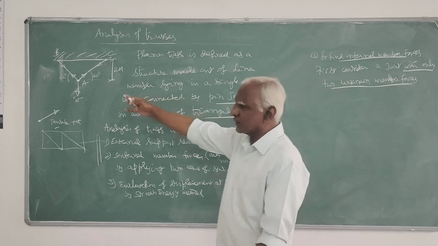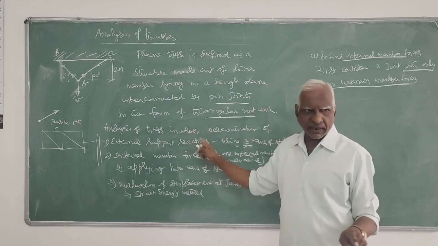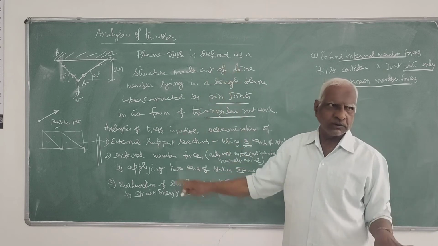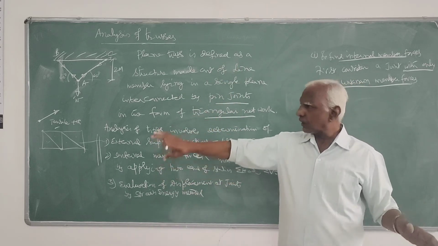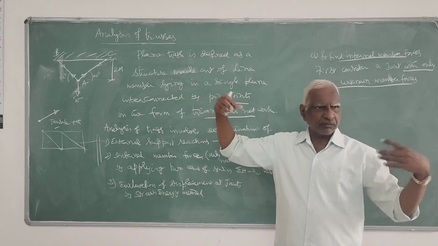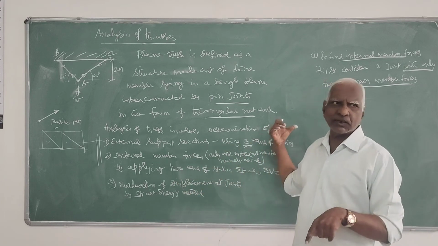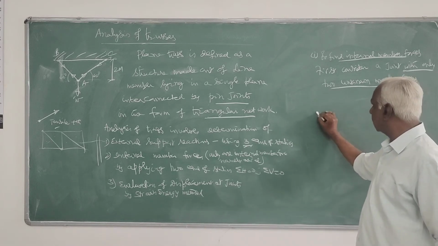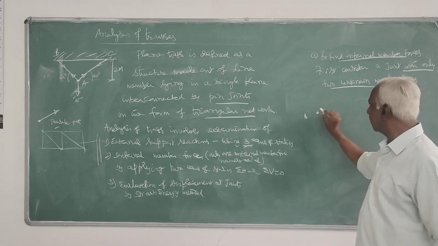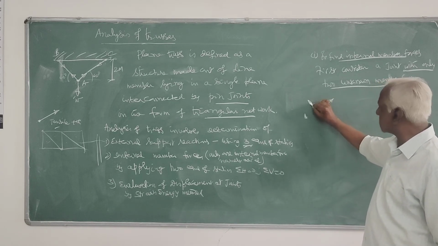Here, as usual, there is only one joint, I told you. That's why we didn't determine the support reactions. If a truss has more triangular networks or more joints, then we have to determine the support reactions first, then follow this type of procedure for finding the internal member forces. Here there is only one joint with only 2 internal member forces that I have considered.